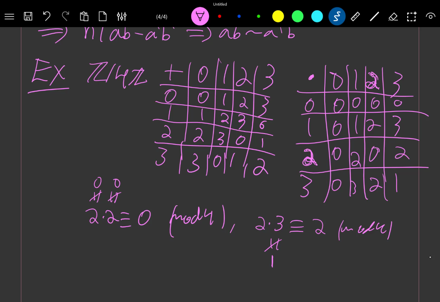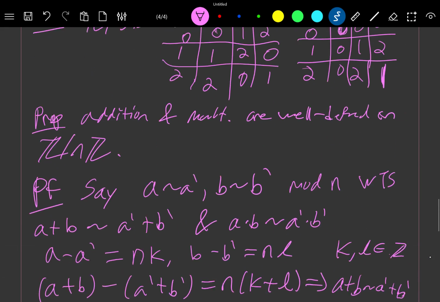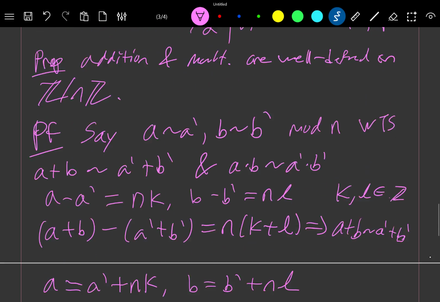So this is a strange phenomenon. And one might add, if one compares it to the table for Z mod 3Z, you notice that after you look at the zeros, this phenomenon doesn't happen. The only way x times y equals y is if x is equal to 1.